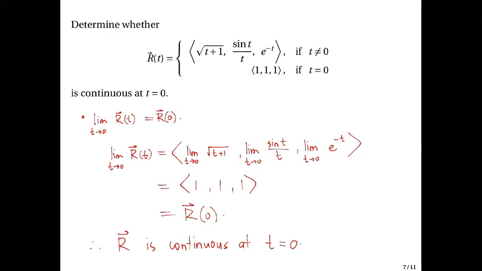Next problem. Evaluate the definite integral from 0 to 1 of e to the 2t i hat plus e to the minus t j hat plus t k hat dt. So again, this is straightforward.